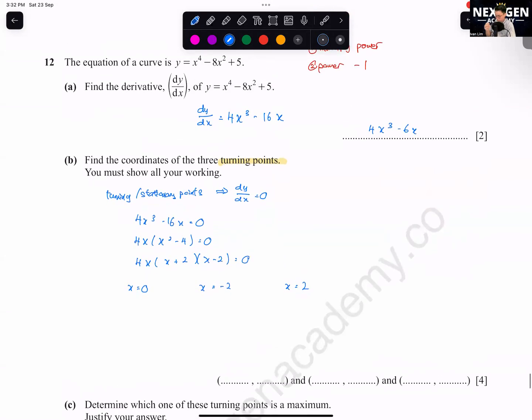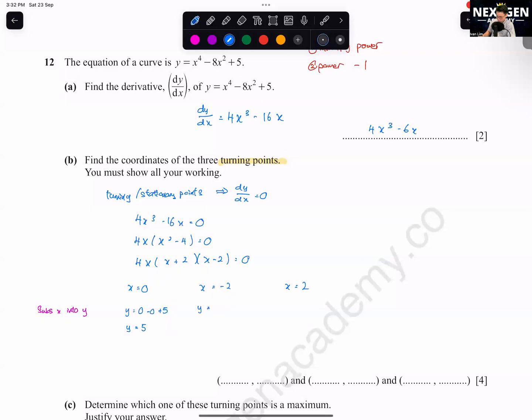To find a point, I have to substitute x into y. So here y equals 0 minus 0 plus 5, so y equals 5.